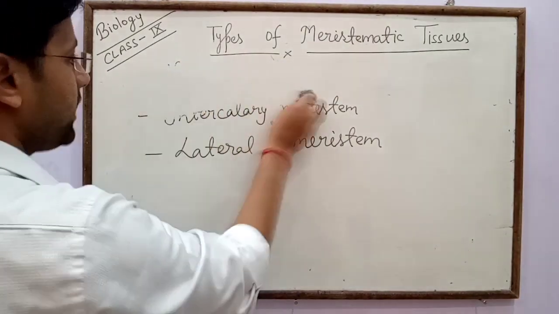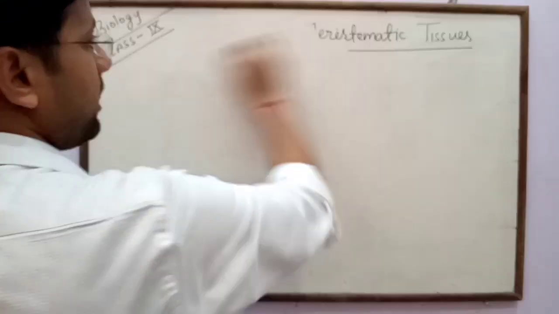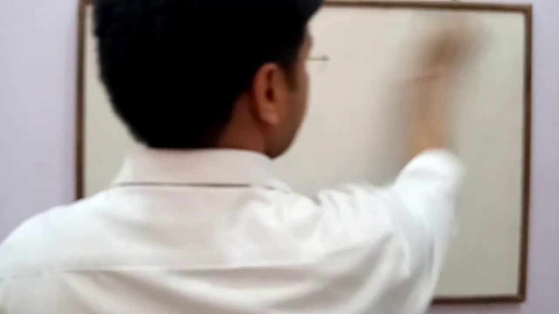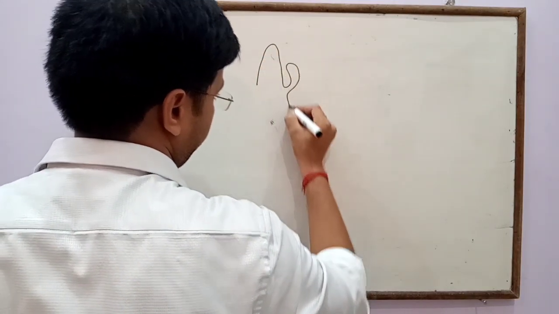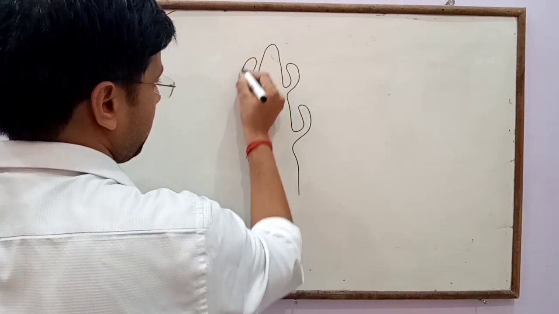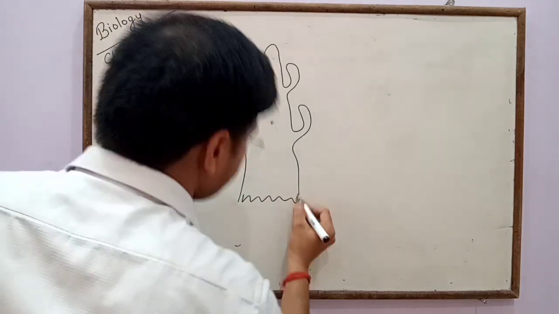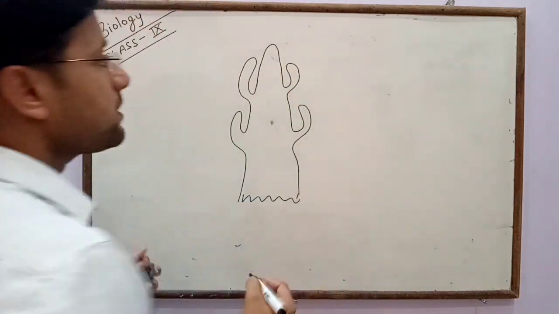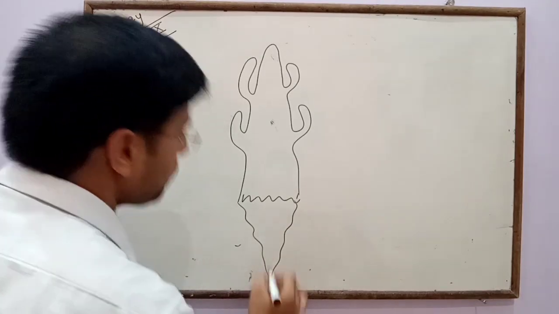With the help of a diagram we can explain the main regions of meristematic tissues. This is the structure of the shoot apex, and below the shoot apex is the root apex.